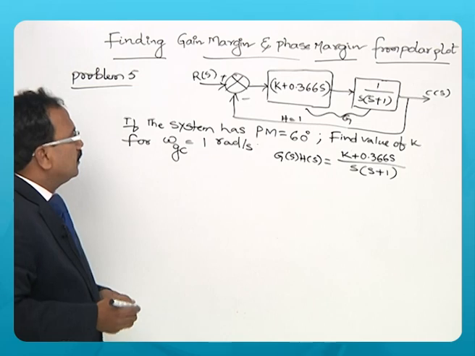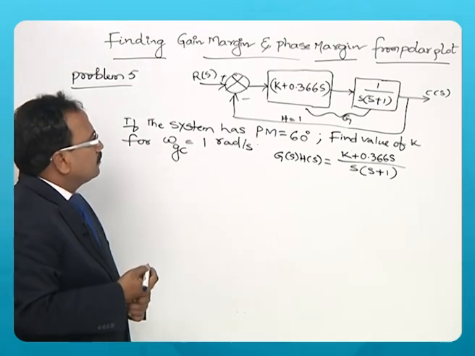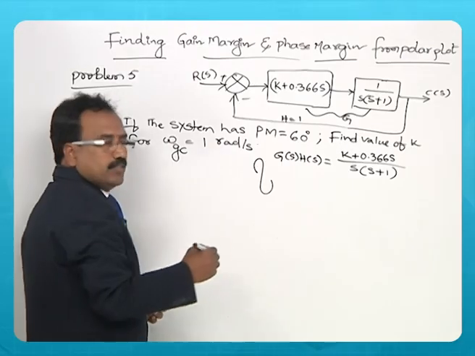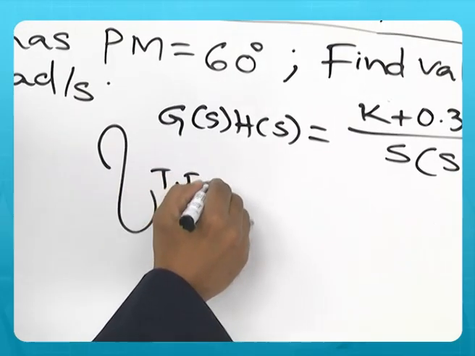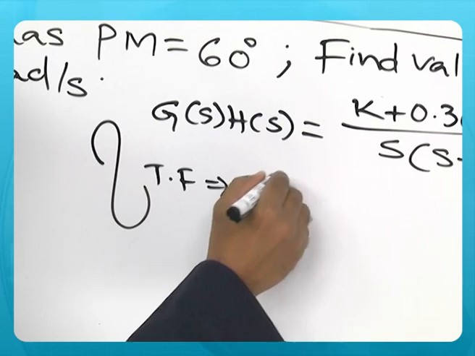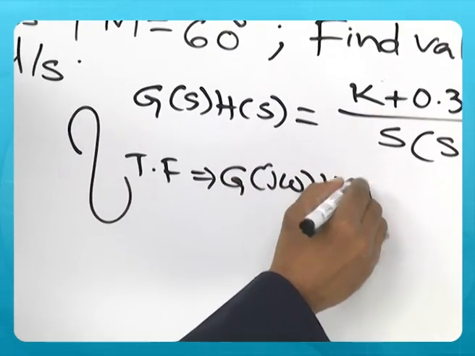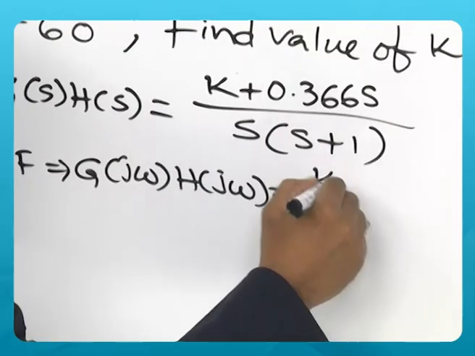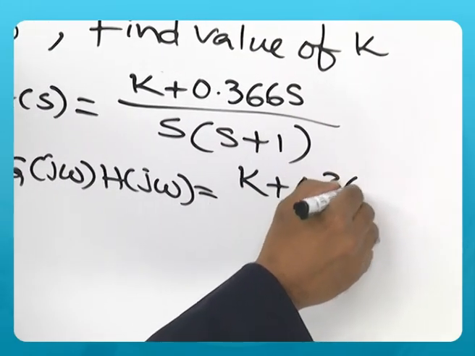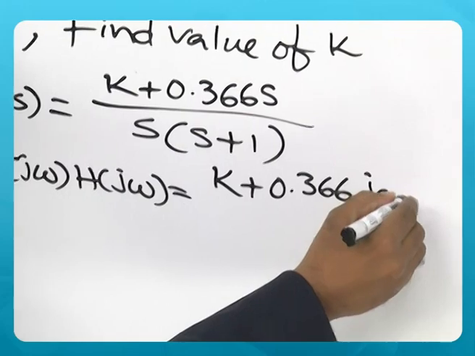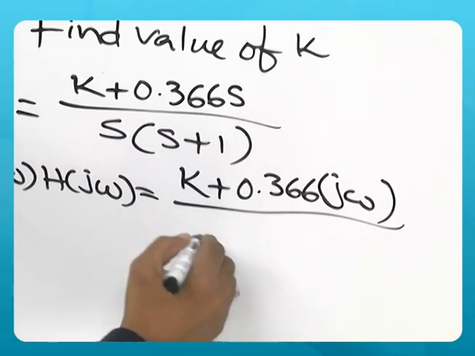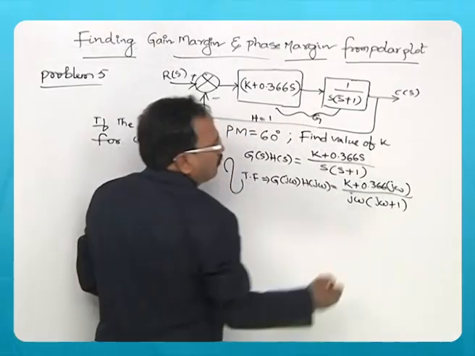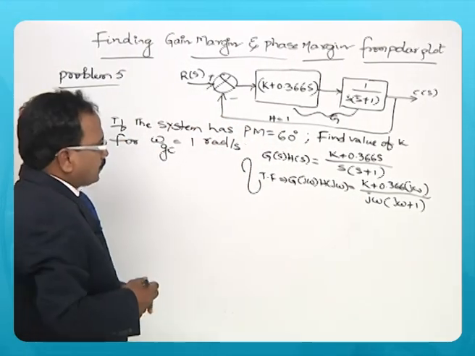So this is the loop transfer function, and to get the sinusoidal transfer function, we need to replace S by j omega. So K plus 0.366 j omega by j omega into j omega plus 1.